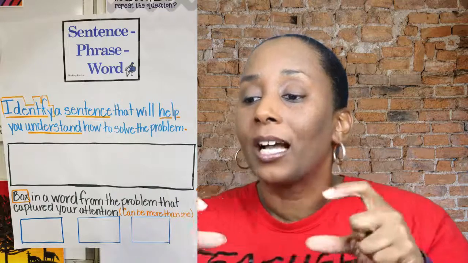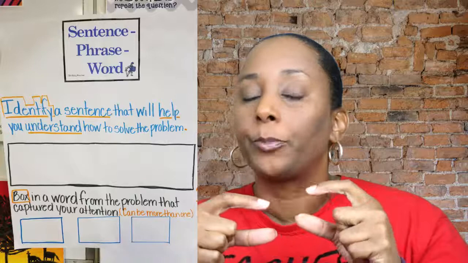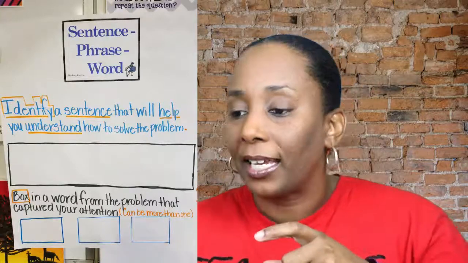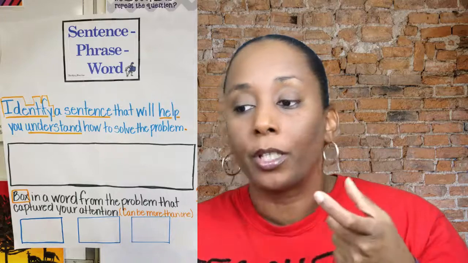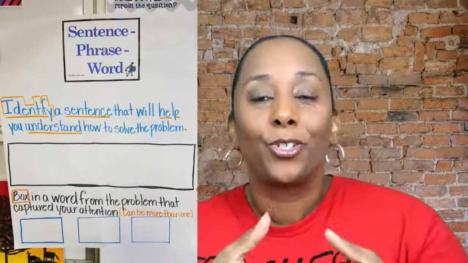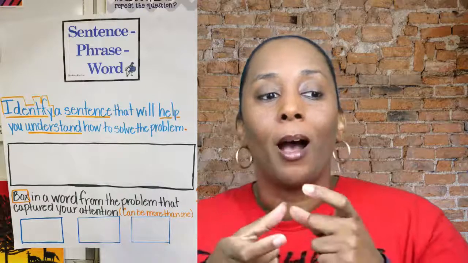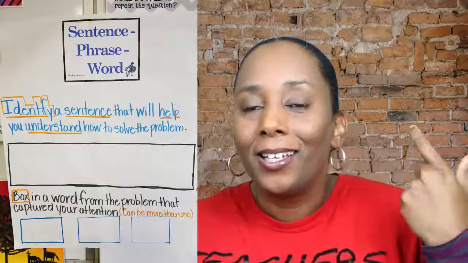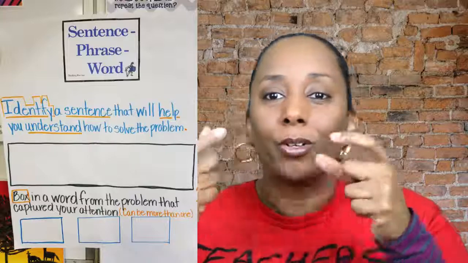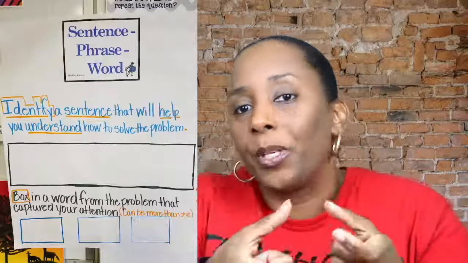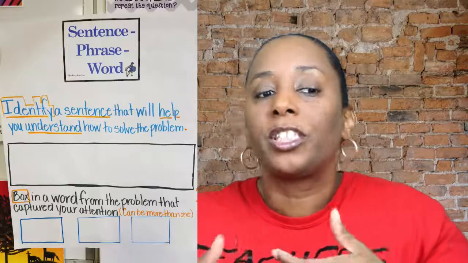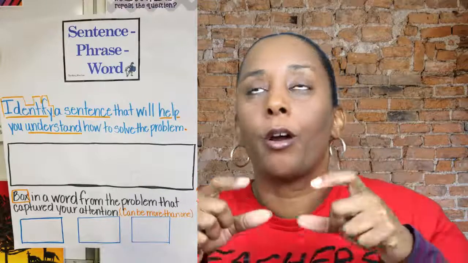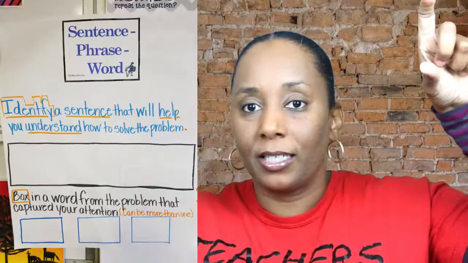And then box in a word from the problem that captured your attention. So I just gave them a couple of boxes, and I said it can be more than one, because a lot of my students got hung up on words. So it didn't have to be just one word, it could be a couple of words to tell you how to solve that problem. So, Sentence, Phrase, Word, you start with the sentence.